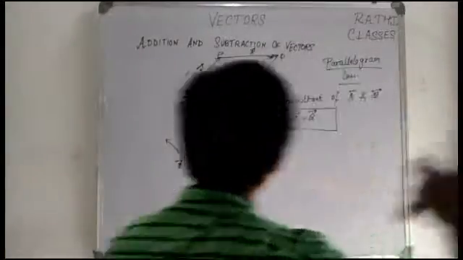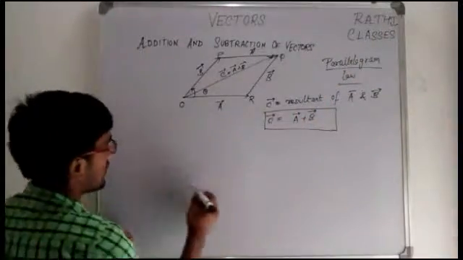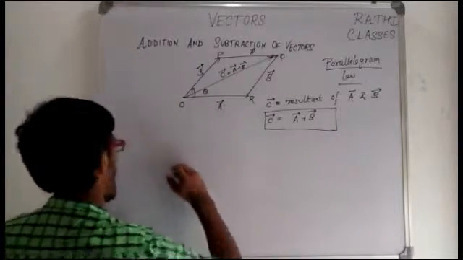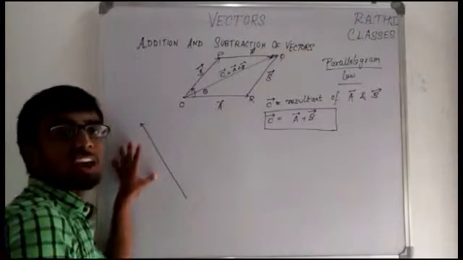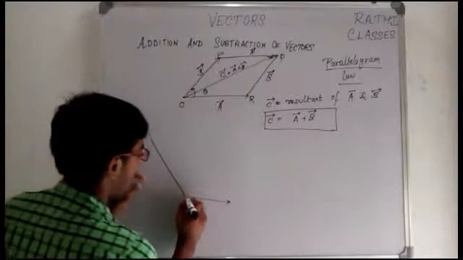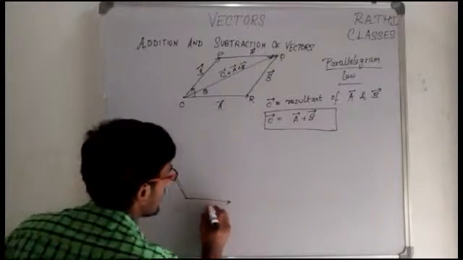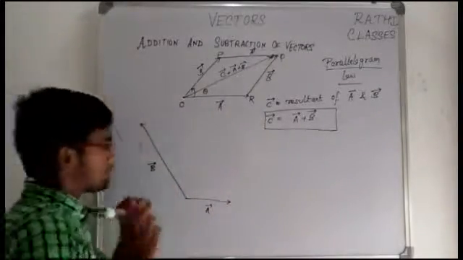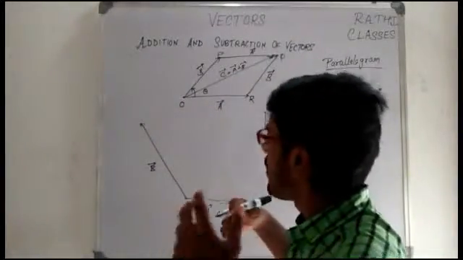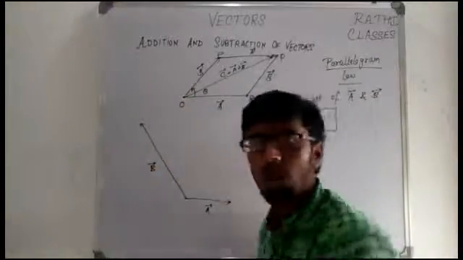Now, trying to visualize more, if I say that this vector is of large magnitude and this vector is of a very small magnitude, again this is vector A and this is vector B. Now, again, I try to add and get the resultant of these two vectors.